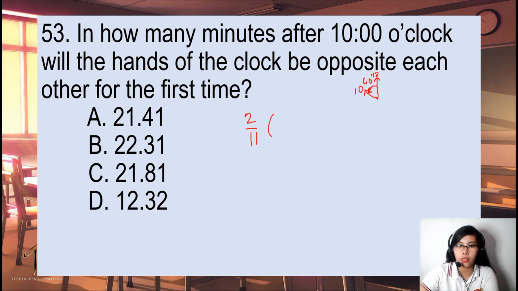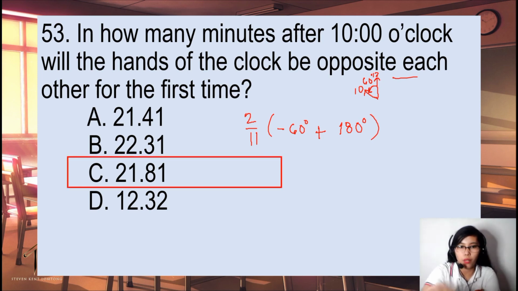But since it is to the left or counterclockwise, let us make this negative 60 degrees. Our final angle, opposite each other, is 180 degrees. So that's our equation, and our answer would be 21.81.